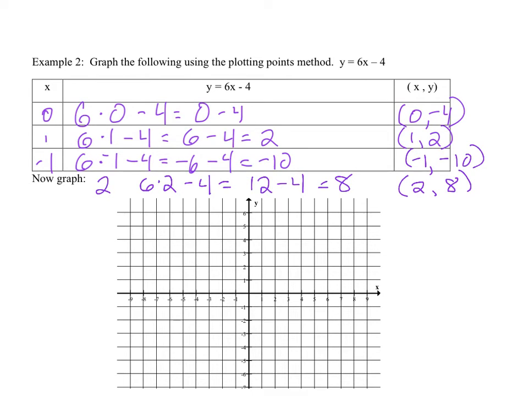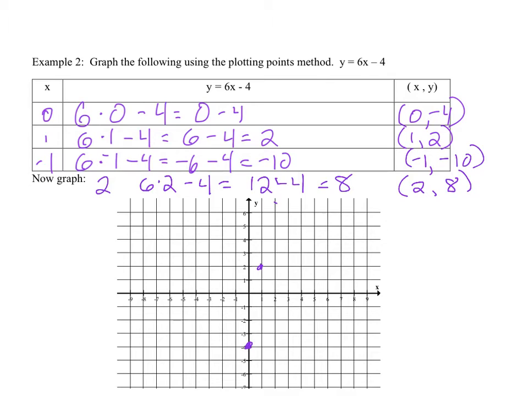So I can find ones that'll fit. So I have 0, negative 4, 1, 2, wow, look at that slope. And then 6, that's about a 7, and maybe an 8 up there. So that gives me my line.